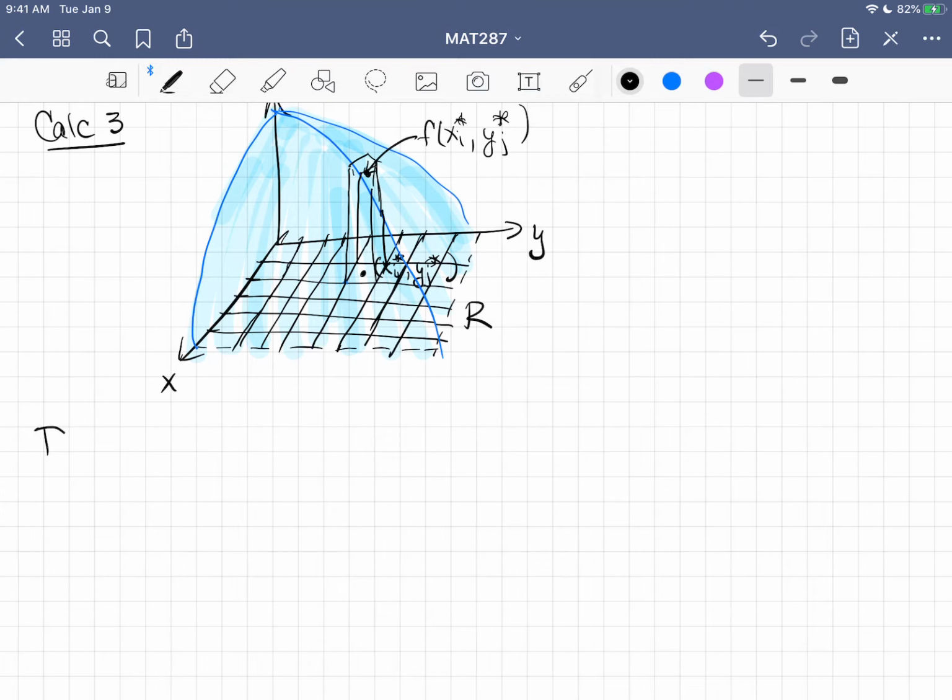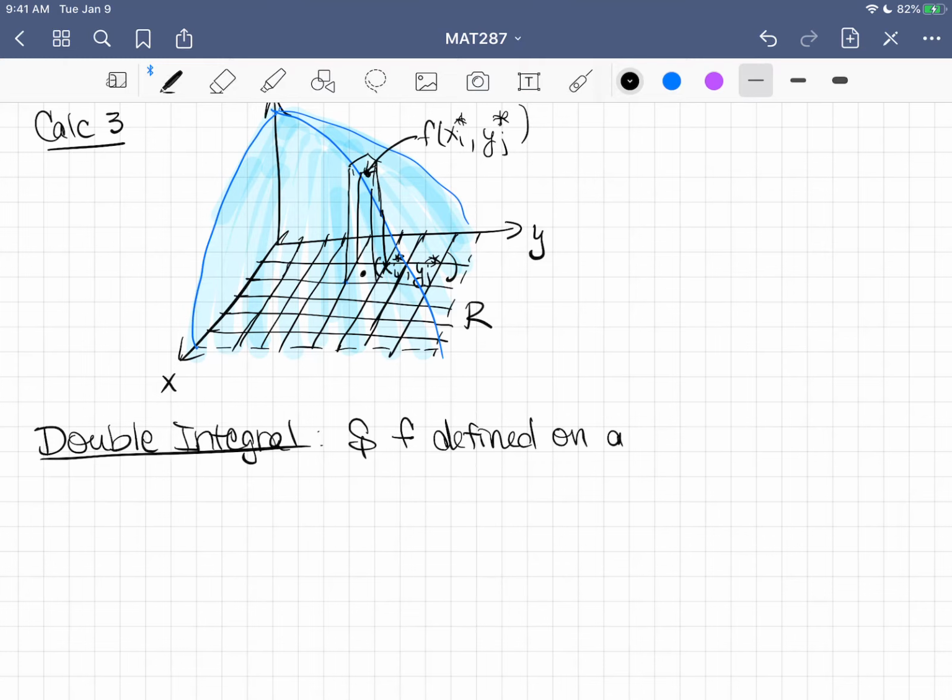So let me be a little more formal here. So the double integral, let's suppose f is defined on a closed and bounded region R, closed and bounded, in the xy plane.